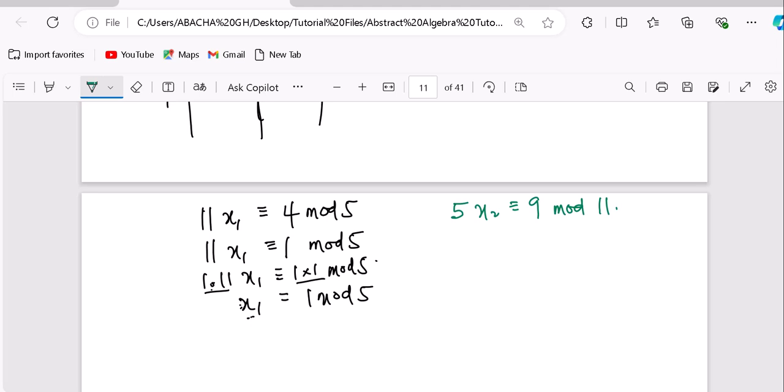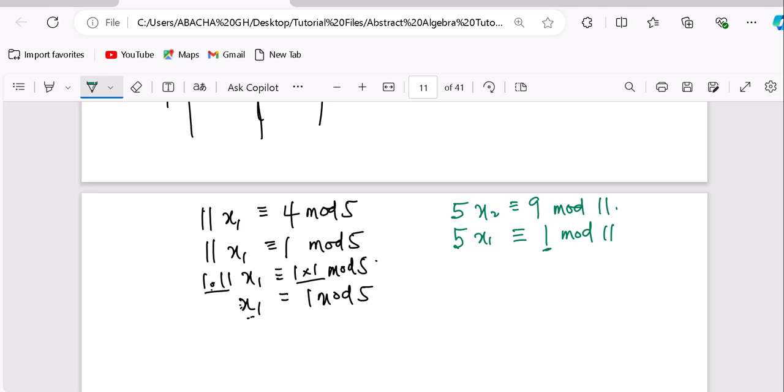So 5x2 should be congruent to 1 mod 11 for the inverse: I want a number such that when I multiply by 5 and take modulo 11, I'll get a remainder of 1, and that is the inverse of 5.